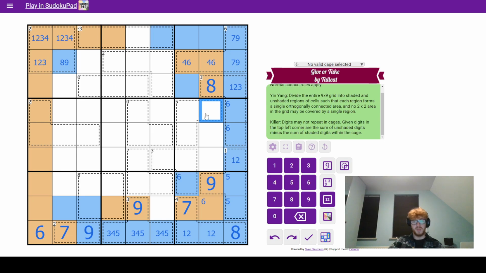Could this be 1 blue and 2 orange? I think it could. Like okay, so let's say it can be 1, 2, so it's like 1, 3, the minimum. 2 orange, and that goes with a 9. Ooh, that would be very forced if it's 1 blue and 2 orange.